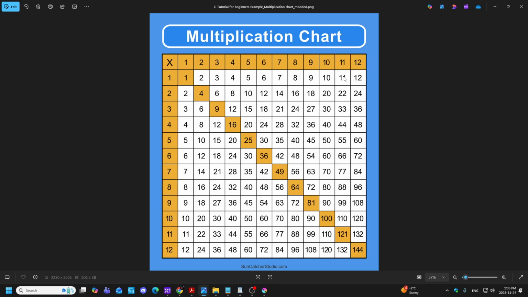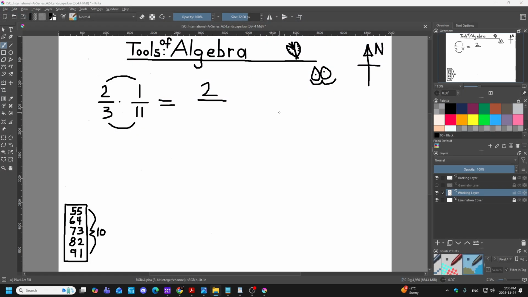All you're doing is, you can see the pattern. 1 times 11, 22, 33, 44. Okay, so the 11's row is easy. So 3 times 11, 33. Same thing, guys and gals. 2 is a prime number. We are done.